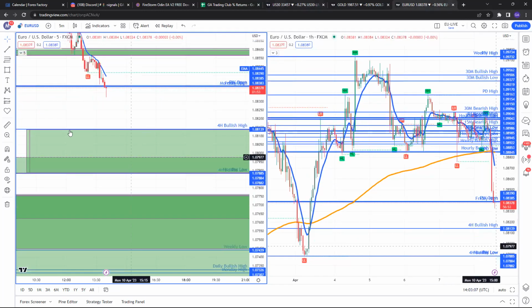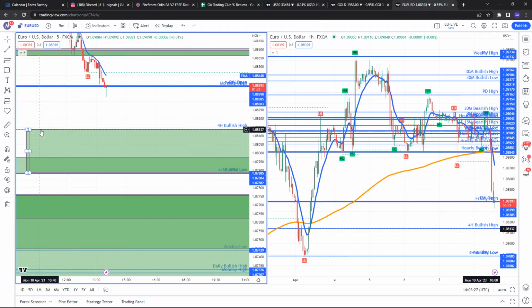But I do see an amazing buy on EU. So let's see, this is 81. I'll call this 81.40. The bottom of this zone is 40. Just a second, I just want to see how big of a zone this is.